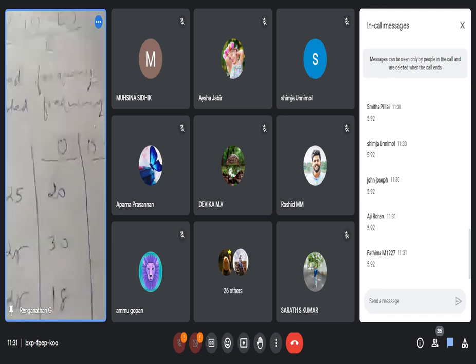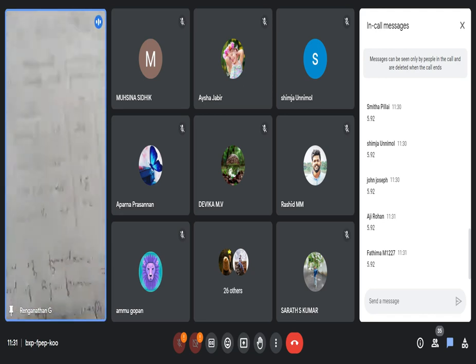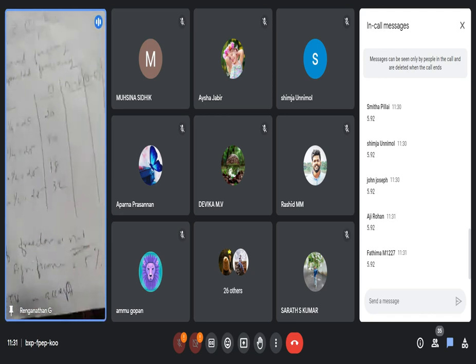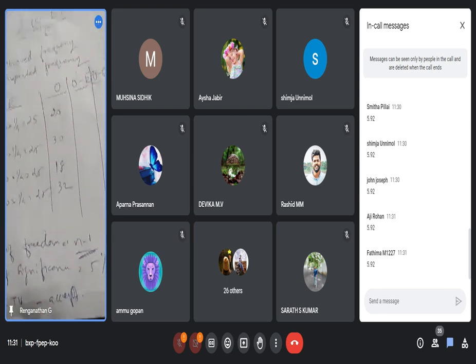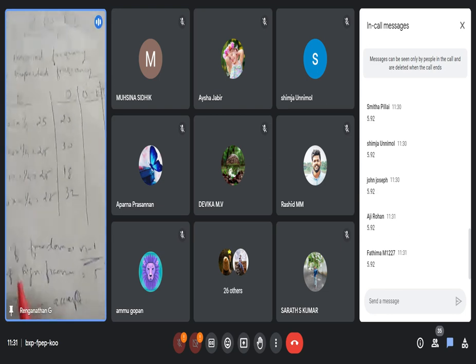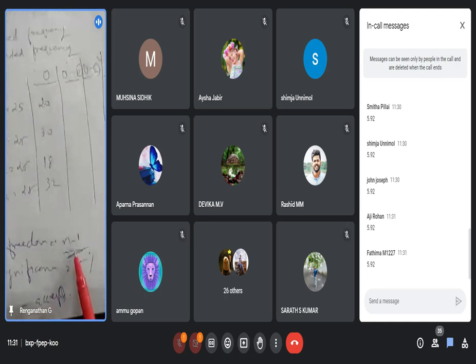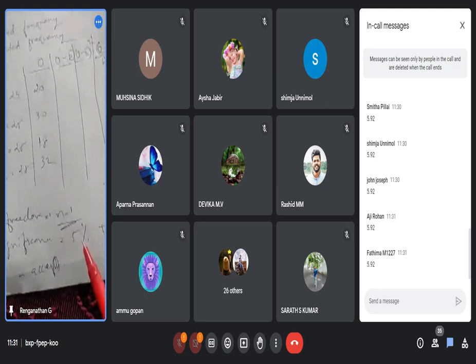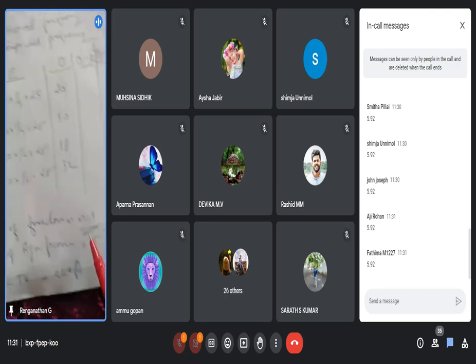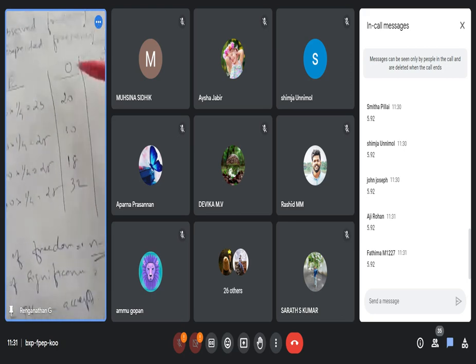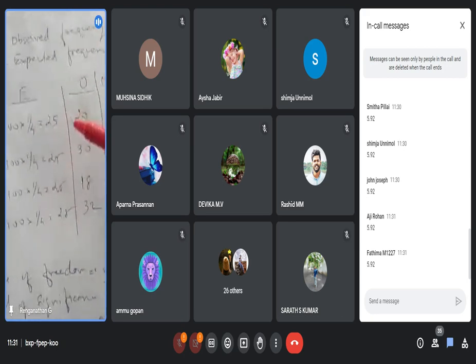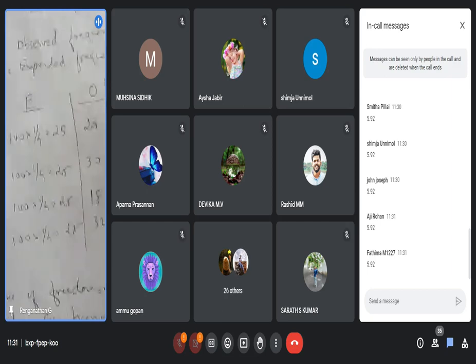Now we proceed with the next step. I already told you that the degree of freedom used for this is n minus 1. Here, for the number of samples, we are not considering the total number 100.